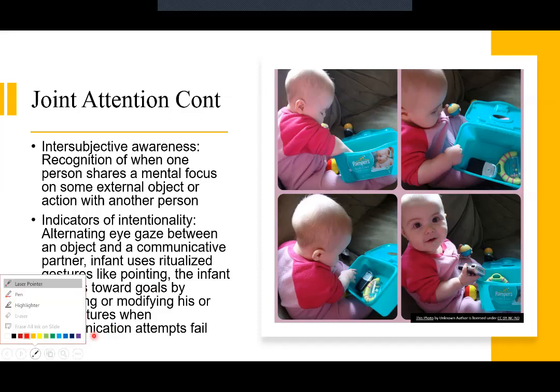So now they've used a bit of a ritual to figure out what's being talked about, and maybe if there hadn't been one in there, the baby would have looked back at the caregiver with a different expression, things like that.